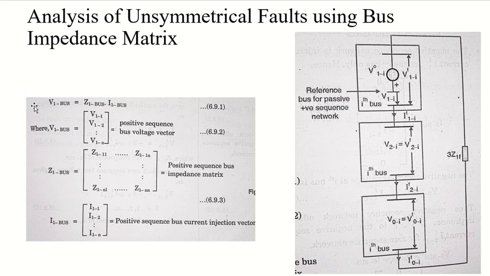The positive sequence impedance matrix Z1 bus will look something like this, and the positive sequence bus current injection vector will look something like this. So here you are with your formulas.